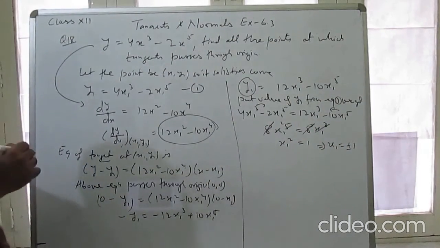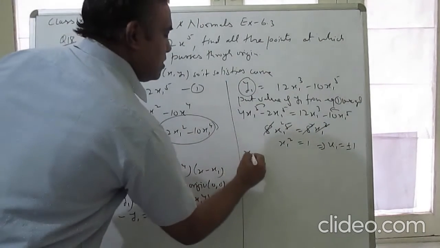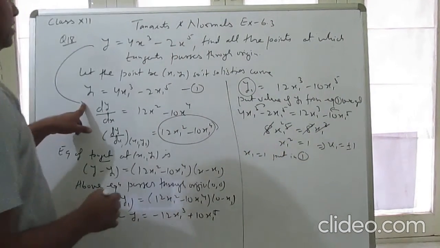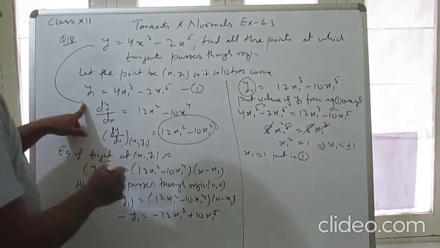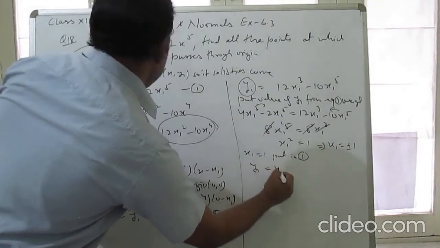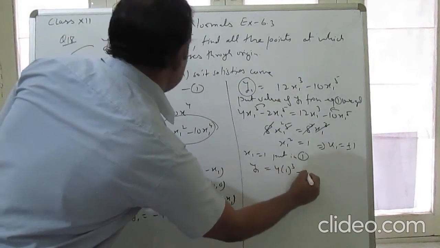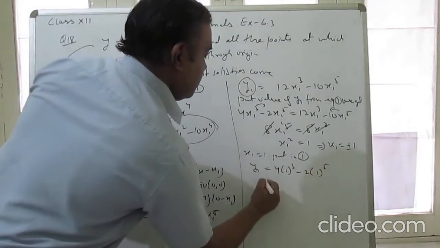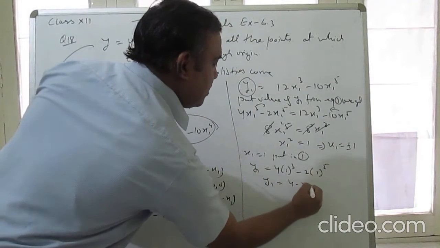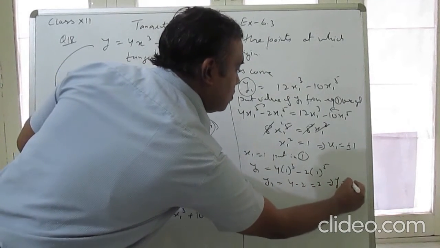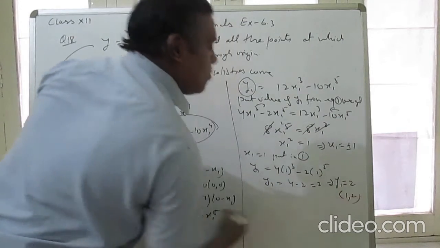Now if I take x1 is equal to 1 and put in equation 1, we get y1 is equal to 4 into 1 cube minus 2 into 1 to the power 5, so y1 is equal to 4 minus 2, which is 2. This implies y1 is equal to 2. One point is 1, 2.